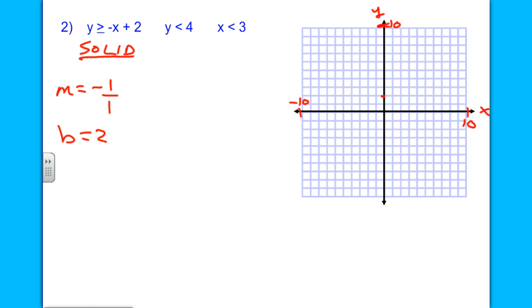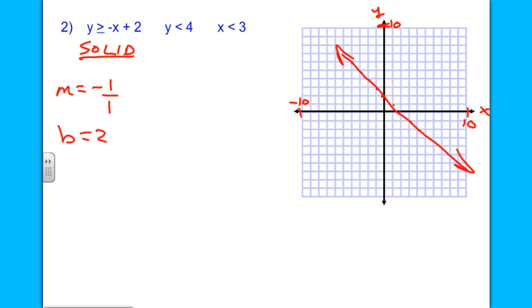And then we're going to go down 1/1. Down 1/1. And you said solid, so we draw a solid line. Be sure you're using a ruler. It's hard to freehand it and have it look straight.